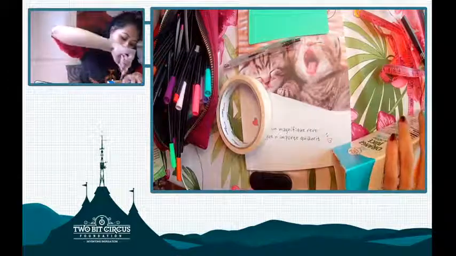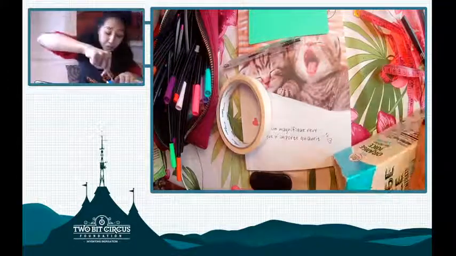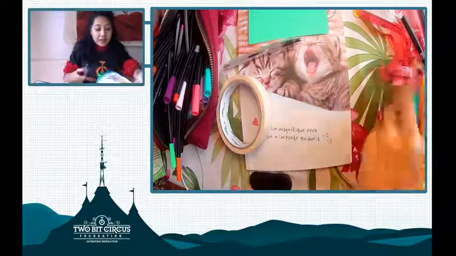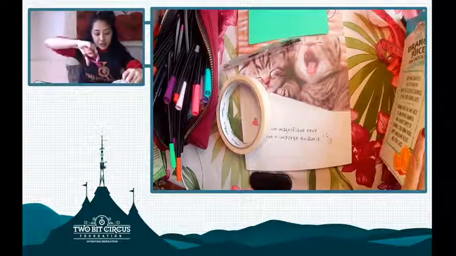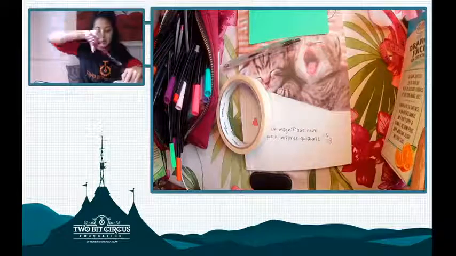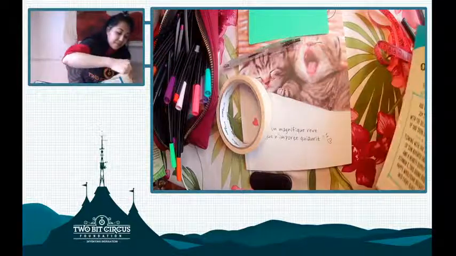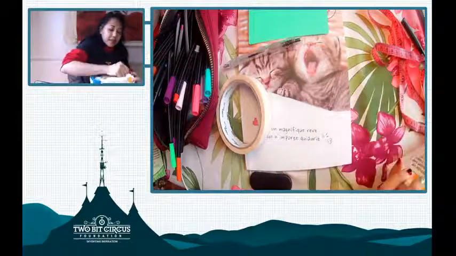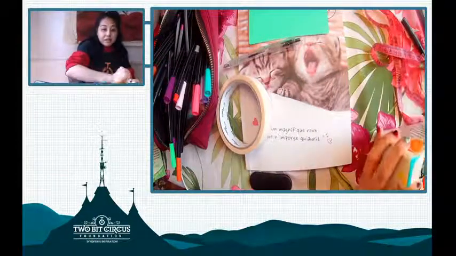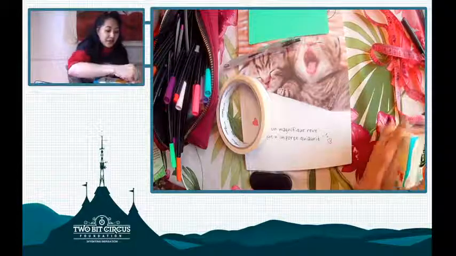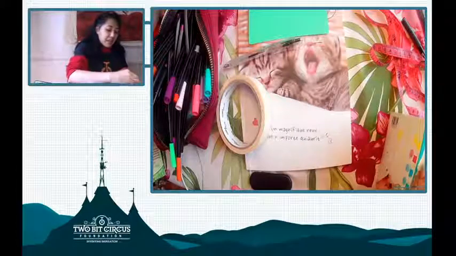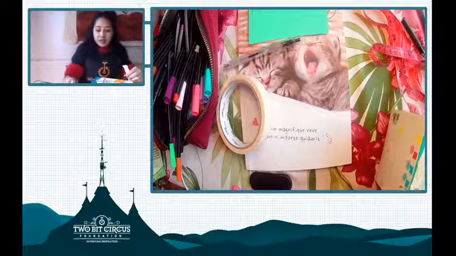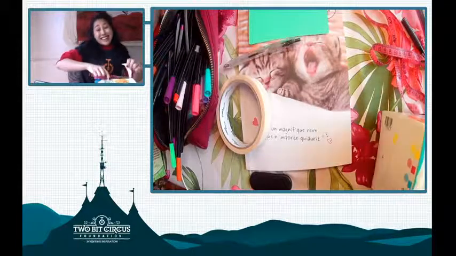Whenever you're using an open blade like so, you really don't want to put your fingers in the direction where the blade is facing. That means don't stick your finger where the sharp end is, because the potential of you losing a finger is high.